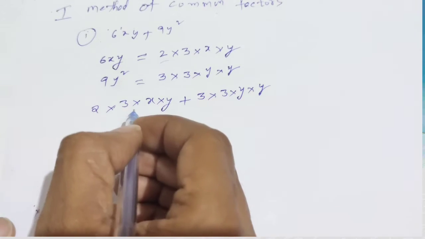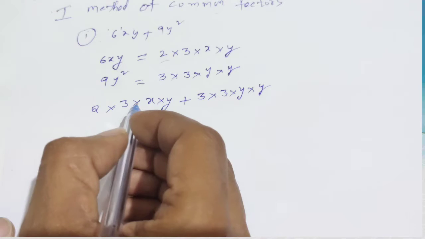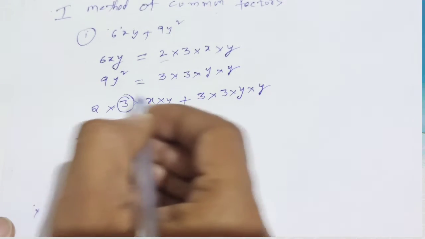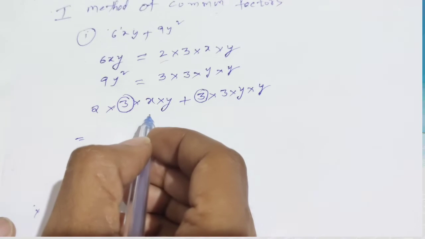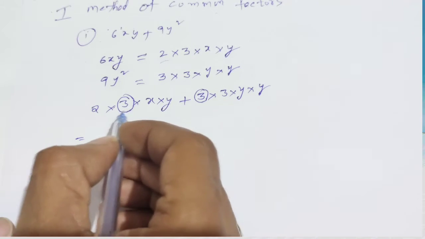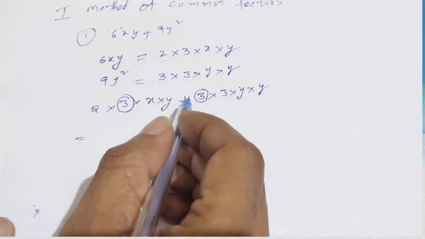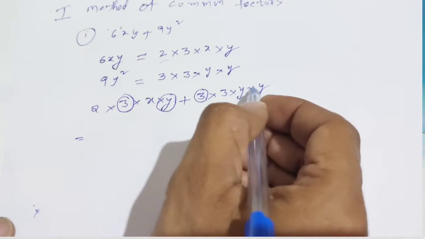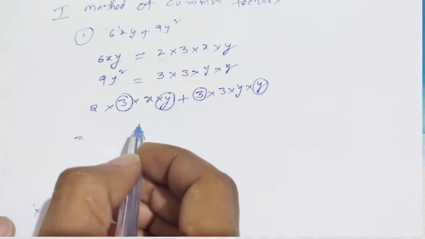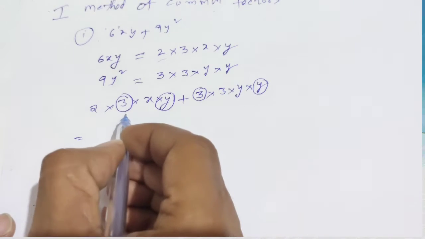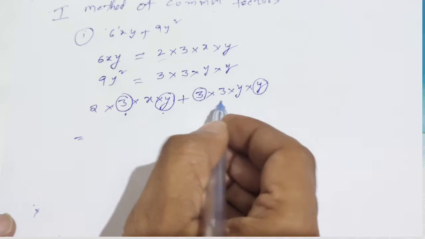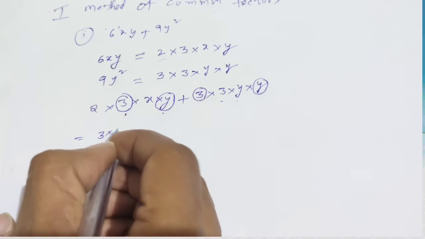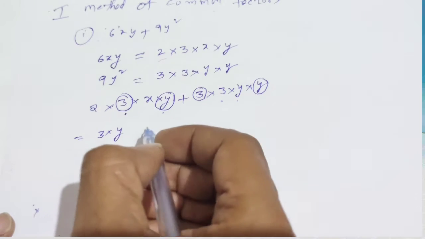Now observe the common factors. In both of these we have 3. To clear identification, round that factor 3, and then we have y. That means in both of these we have 3y as a common factor, that is 3 into y.